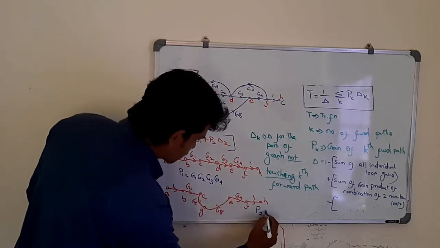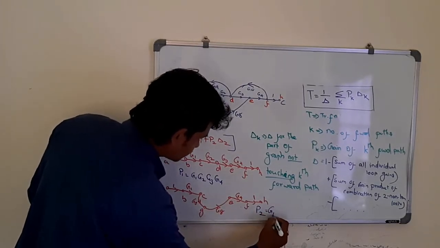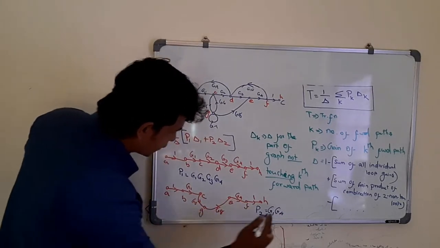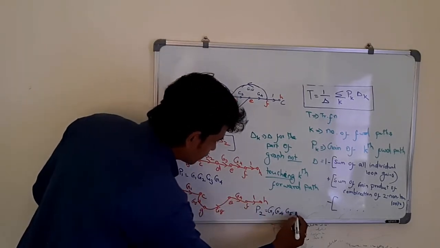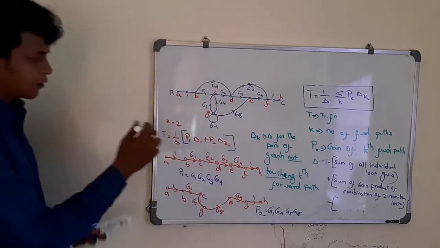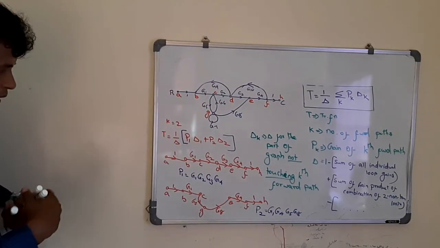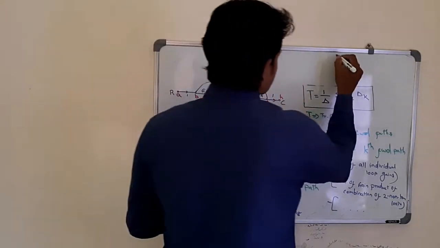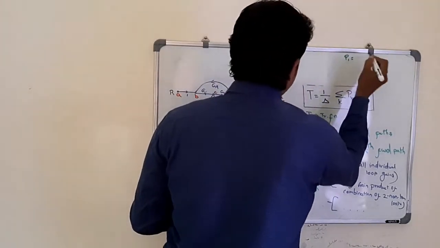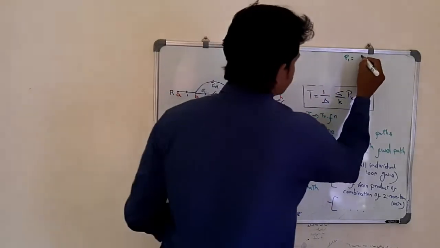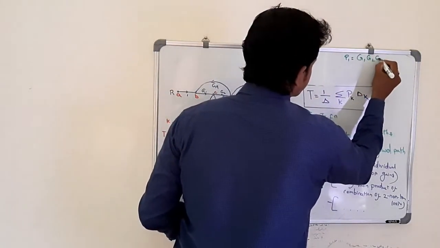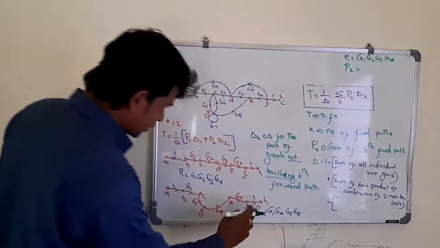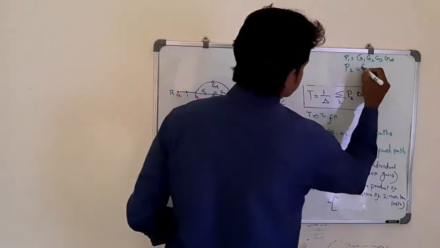So P2 is equal to G1 into G4 into G5 into G8, I am writing in order. So we have identified P1 and P2. Okay, so let me keep them separately. P1 is equal to G1, G2, G3, G4, and P2 is equal to G1, G4, G5, G8.